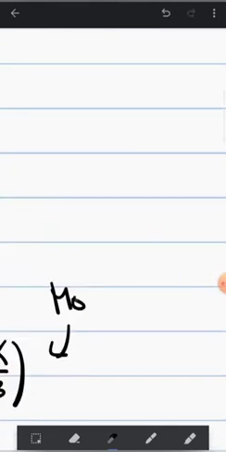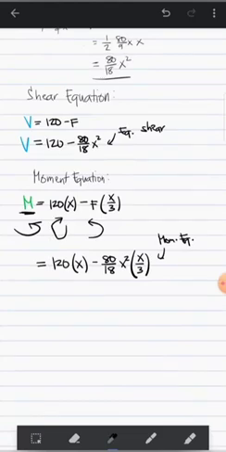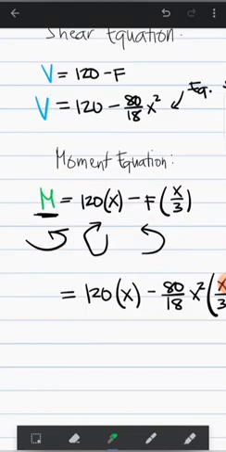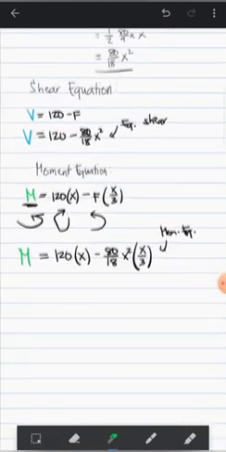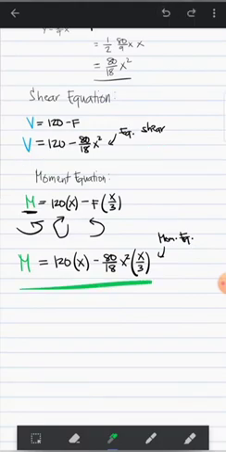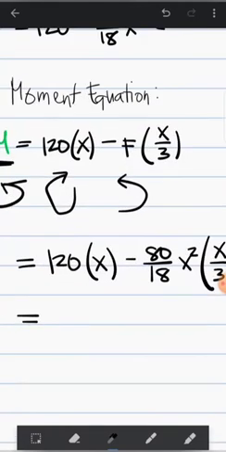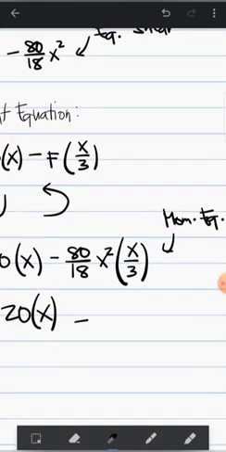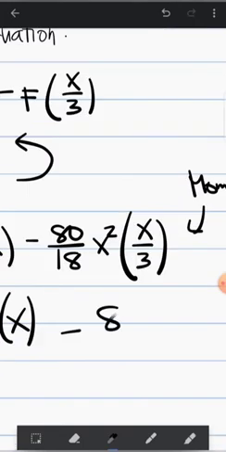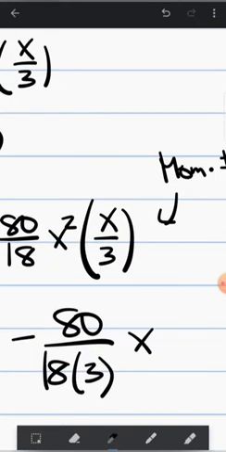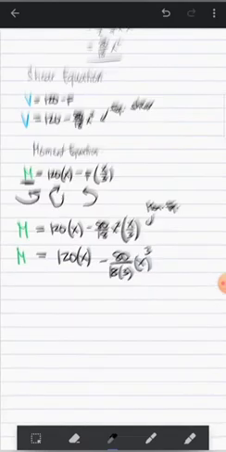Look, this is our shear and moment equation. This one is for shear, this one is for moment. If we simplify this a little bit, we get 120x minus, in terms of x, the distance in the beam, 80 over 18 times 3, x times x squared is x cubed.